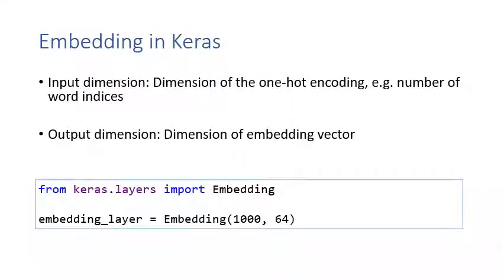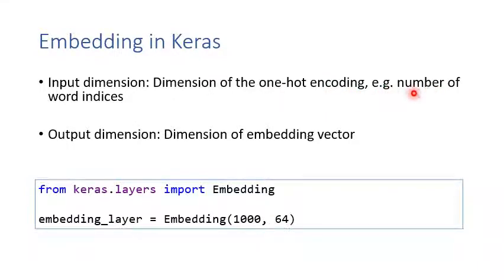Let's see how to use Word2vec in Keras. In Keras, this is called embedding. Keras provides an embedding layer which can import Word2vec parameters. In fact, it can import different kinds of embedding algorithm models. Let's see the input parameters. First, we need to define the input dimension, the dimension of our one-hot encoding vectors.